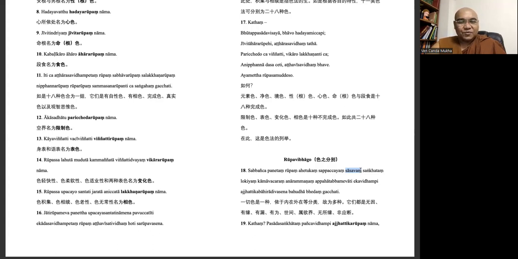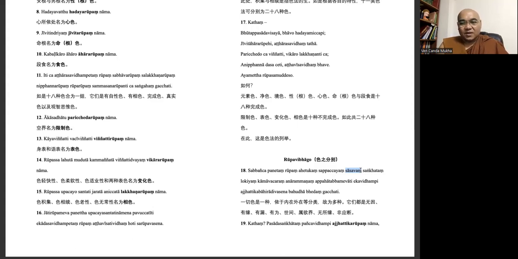So that's why they have been kept in our mind for a long time. That's why they are called asava. So we can call it a mental intoxicant.